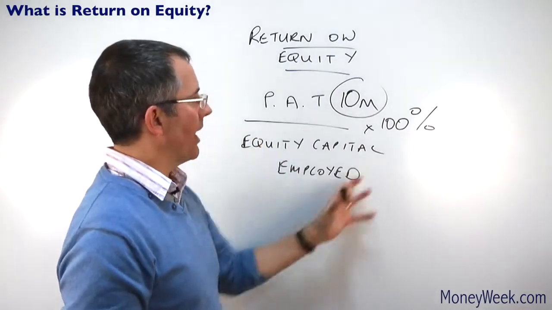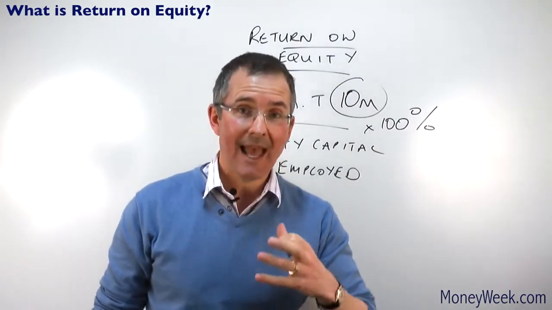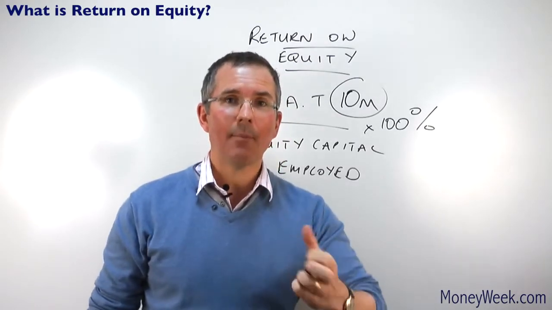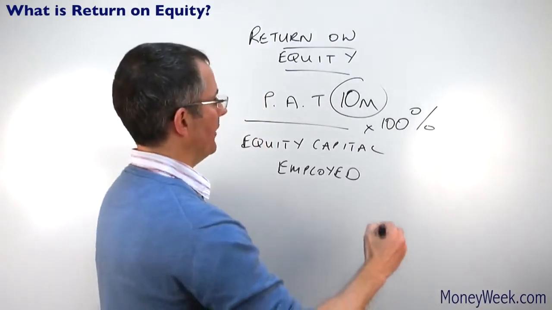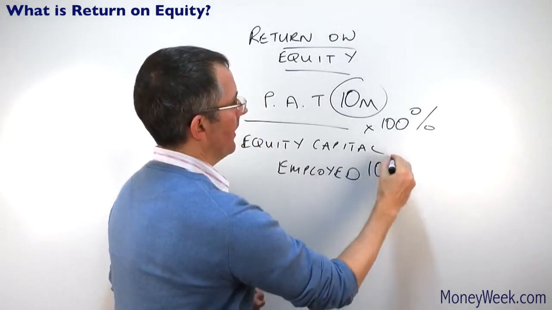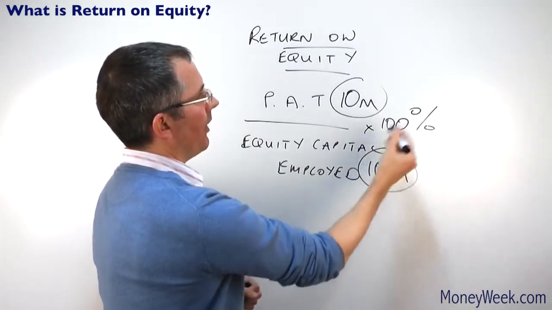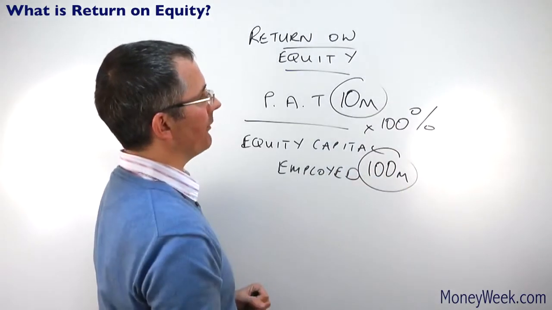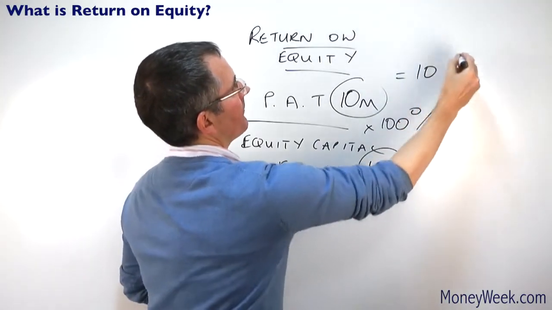And the total shareholders' funds, which, because balance sheets balance, is the net assets figure as well, the equity capital employed, the bit that shareholders have put in to fund the business, is 100 million. Again, in sterling. 10 over 100 times 100%, not tremendously difficult maths, would give you an answer of 10%.